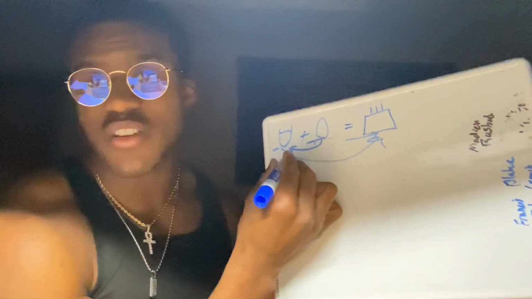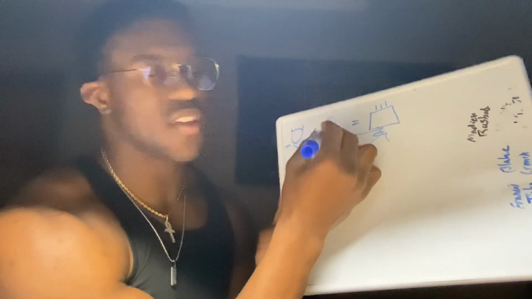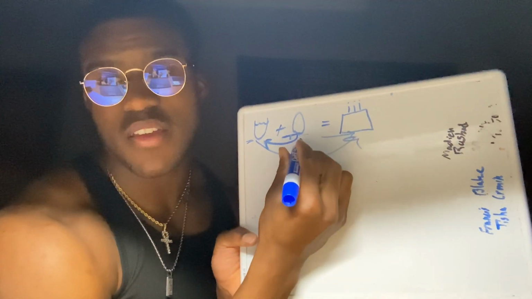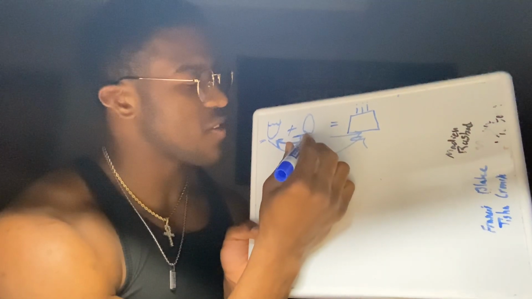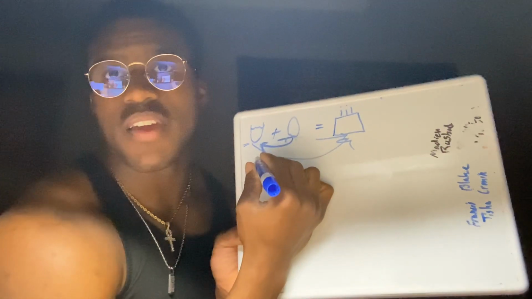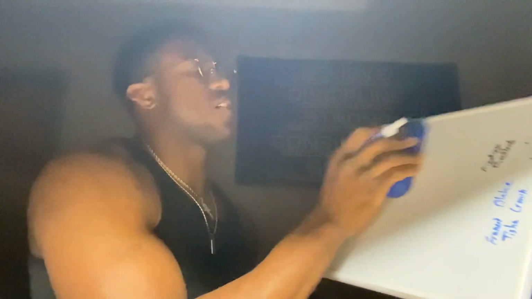So since water is our excess reactant and eggs are our limiting reactant, we're gonna convert eggs to water and then subtract it by how much water you started with. And that's gonna give you how much water you got left over.